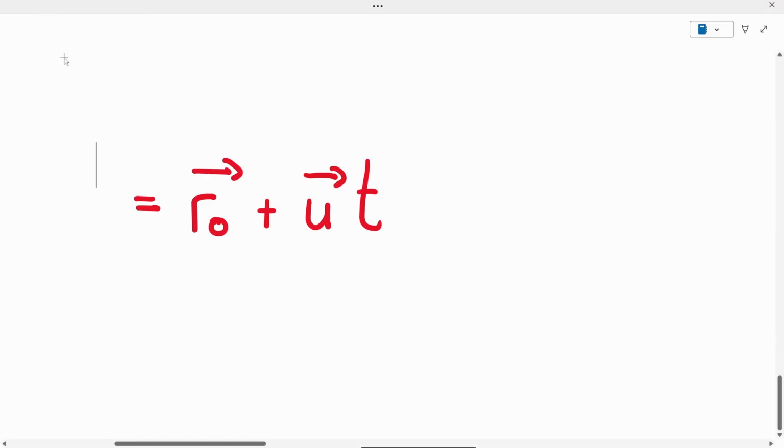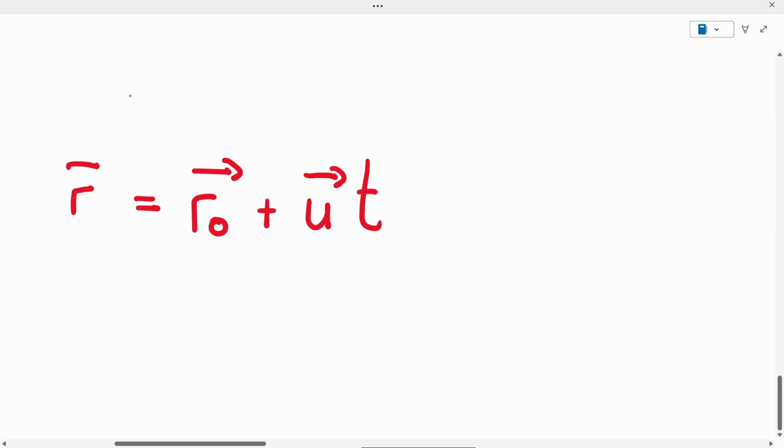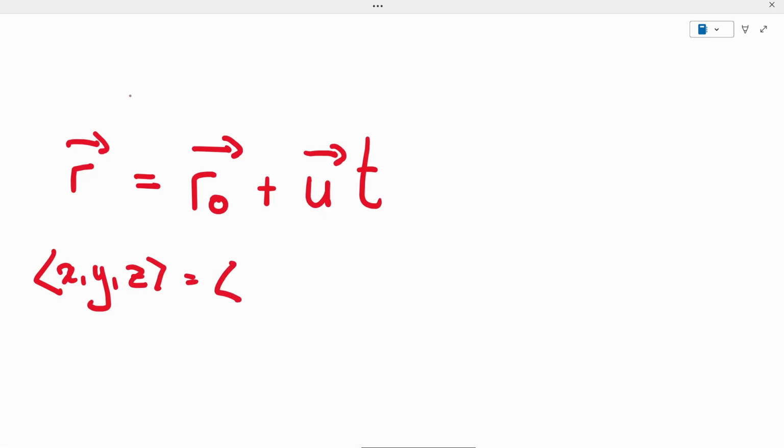So go ahead and skip the parametric where we break it up into the individual components and just work it as a vector equation, right? So we'll have something like x, y, z is equal to something, something, something, plus, and you'll still need to find this vector, I think, t, right? So go ahead and try it like that.